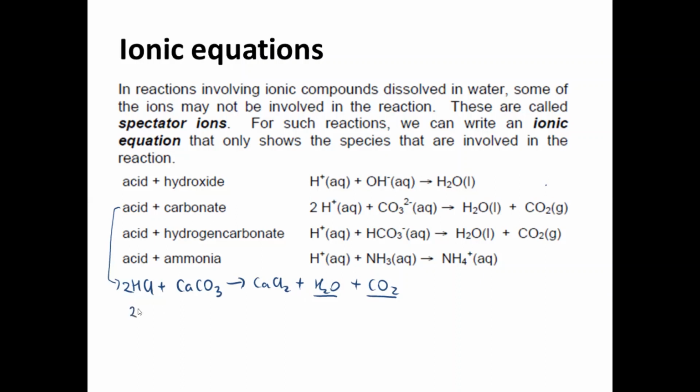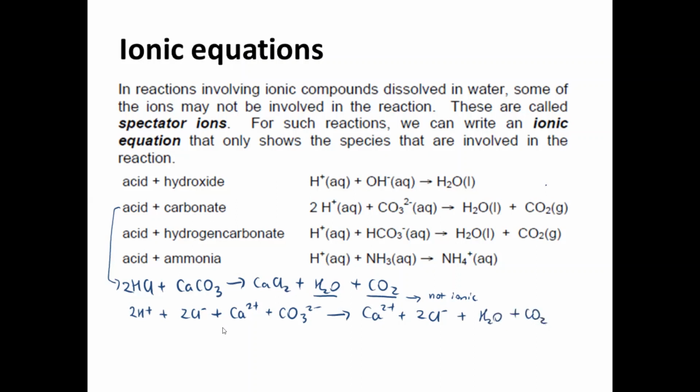So then when I split it, I get 2H plus, 2Cl minus, plus Ca2 plus, CO3 2 minus. These are all ionic. These underlined ones are not ionic, so we're going to keep them the same. What we get is Ca2 plus, 2Cl minus, be careful, don't put Cl2 minus, plus H2O plus CO2.